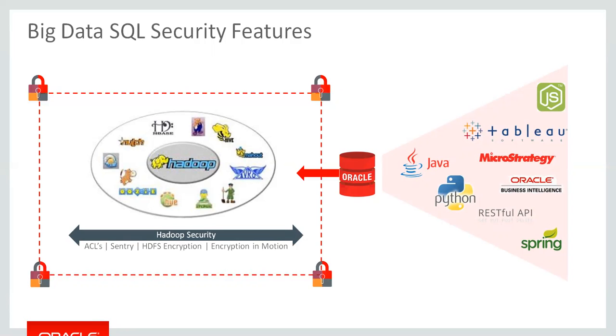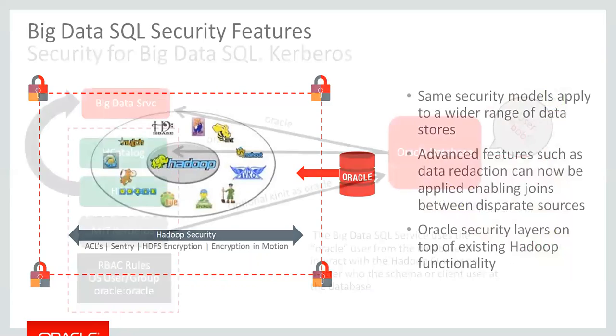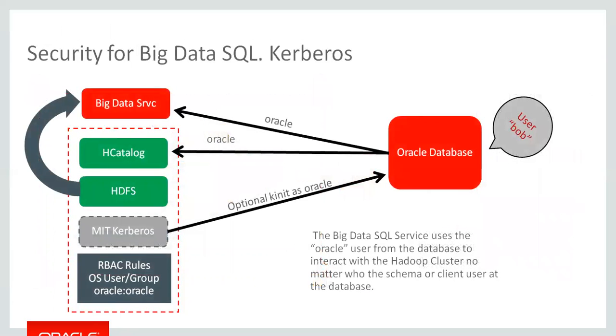If we are talking about security, there's a golden rule for the Hadoop cluster: enable Kerberos. It's step number one, which you have to accomplish to protect your cluster. The Oracle database has to have a Kerberos ticket, and in the current version you work on behalf of the Oracle user.